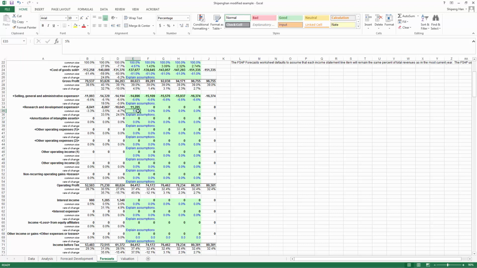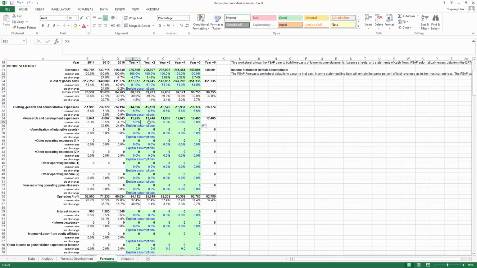Also, you can use a different number: 5 in year plus 1, 5.2 in year plus 2, 5.3 in year plus 3. It's up to you. But it just shows that there is an increasing trend of the R&D expense.